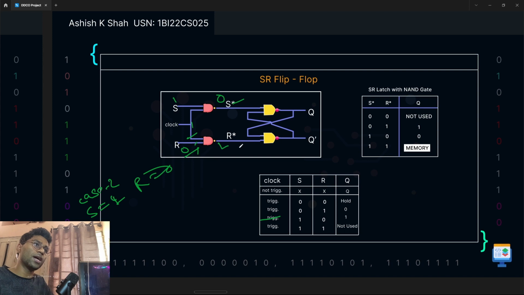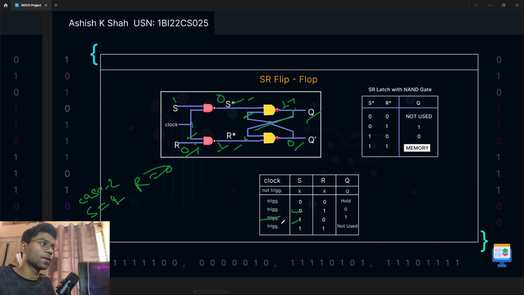As S is 0 and R is 1, you can see, then we don't have to see this input, because this is a NAND gate and we know its characteristics. When any input is 0, it will give 1, and this output is fed as input of this gate. Then here, oh sorry, it will be 1 1 1 1. What will it give? 0. As you can see here, we are considering Q only, not Q dash. And you can also verify Q dash. This is Q and this is Q dash.